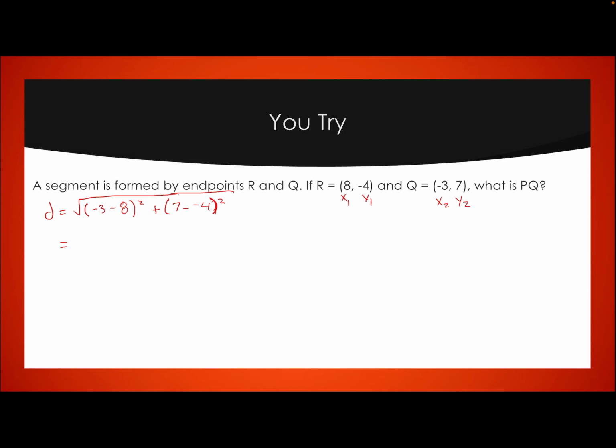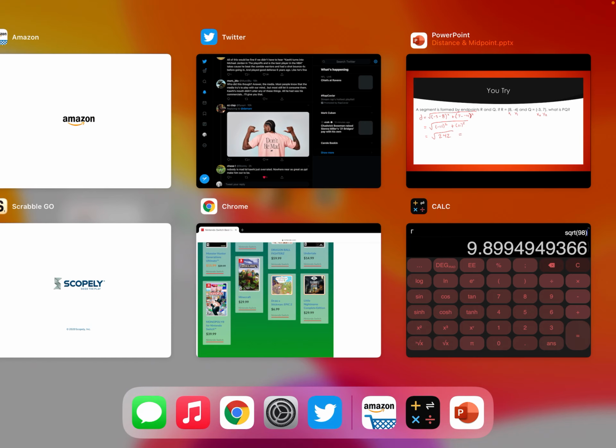So when we square this, we're going to get -11 squared plus 11 squared. So that's going to be the square root of 242, which equals probably like 15 point something.